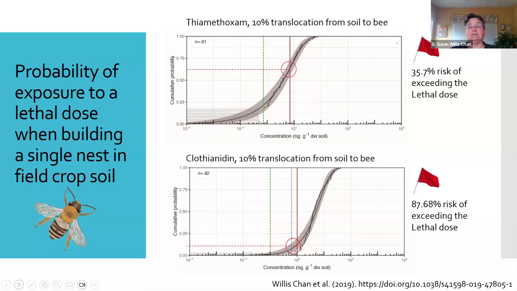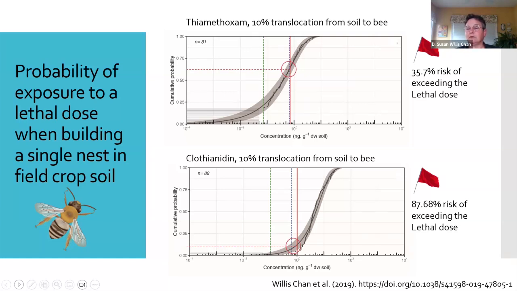What I found is that for thiamethoxam, even if we're saying that only 10% of the concentrations in the soil are actually being transferred to the bee and the rest are being held by the soil, we find that there's a 35.7% probability that a bee making a single nest will exceed the lethal dose.